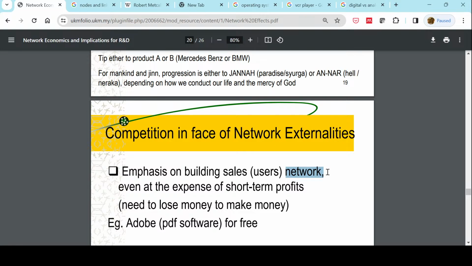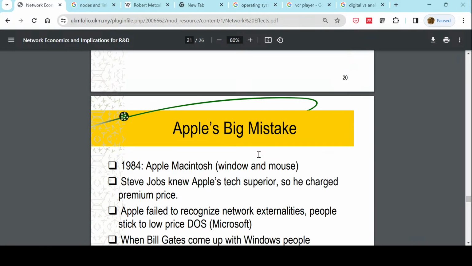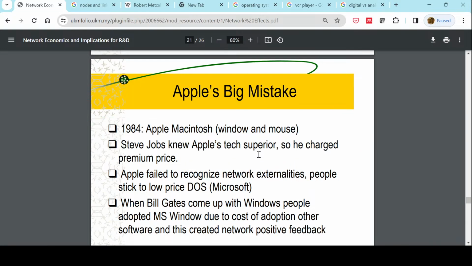You want to have more users, because the more people use your product, the more people use your product. So you need to build that network of users. That's the type of competition with network externalities, different from regular product like vegetables or rice. No, this is technology product. Apple's big mistake. Okay, I want to finish this chapter tonight.